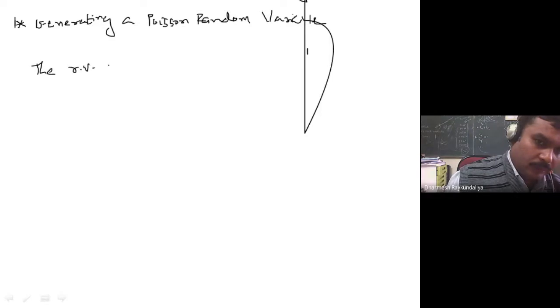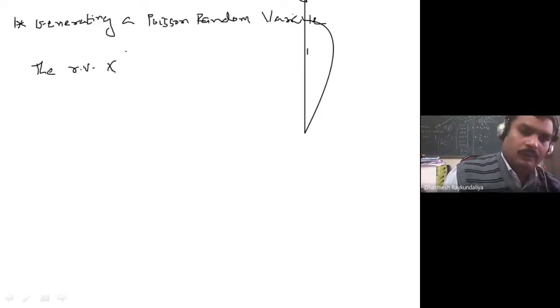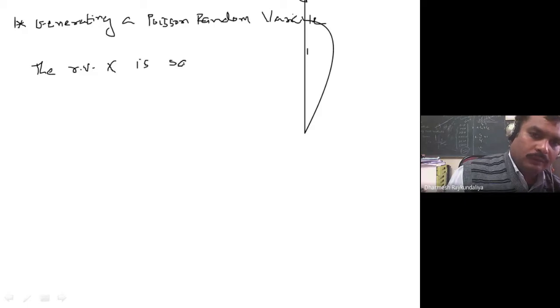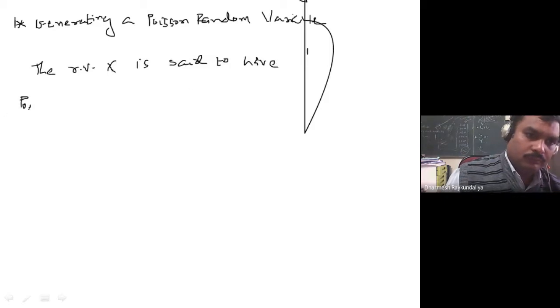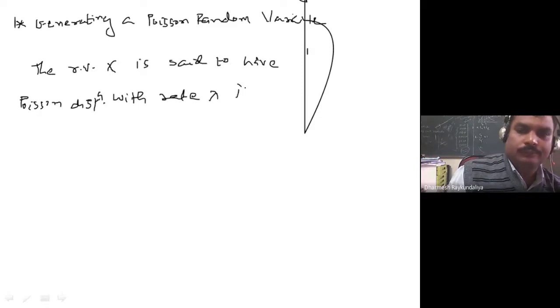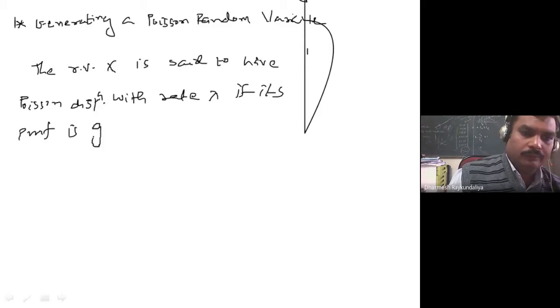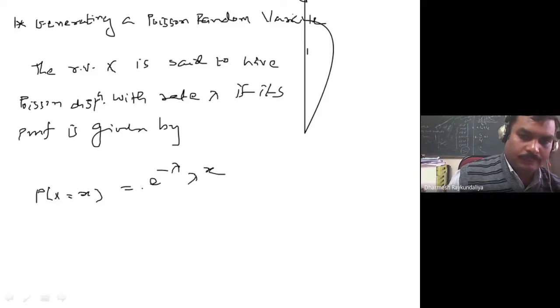The random variable x is said to have a Poisson distribution with rate lambda if its PMF is given by e raised to minus lambda, lambda raised to x upon x factorial, x takes values 0, 1, 2, and lambda is greater than 0.